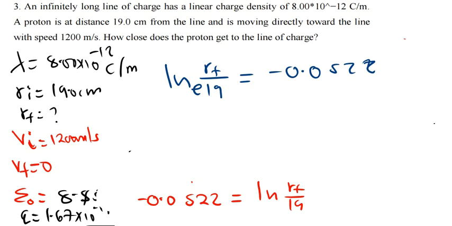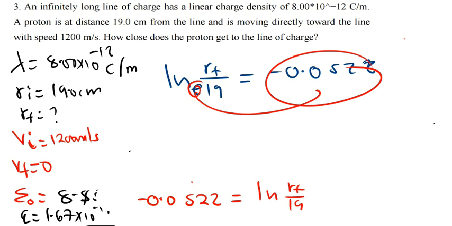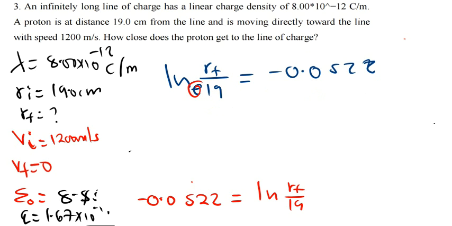It is always in base E, so we can now change this from log to exponential. So E raised to the power of what we have here should be equal to what we have here. Or if you want, you can just take E both sides, you can put E here, you can also put E there. This and this will cancel. Then you're going to have R final divided by 19 is equal to that.